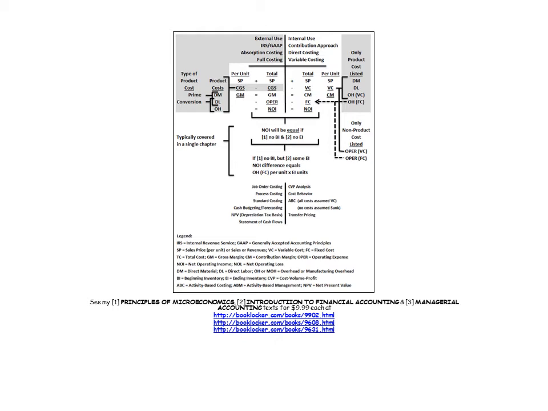Right below that, if no beginning inventory but some ending inventory, the net operating income difference will equal the fixed cost component of overhead per unit multiplied by ending inventory in terms of units. That's why that's called absorption costing on the left.